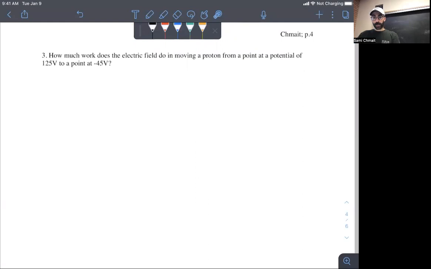The next one we're going to look at is number 3. So this one is applying that work equation. We have to remember with this work equation, we're really focusing on the work done by an electric field. And remember, that's W equals minus Q delta V. And how do we define a delta in a variable? It's the final minus the initial.